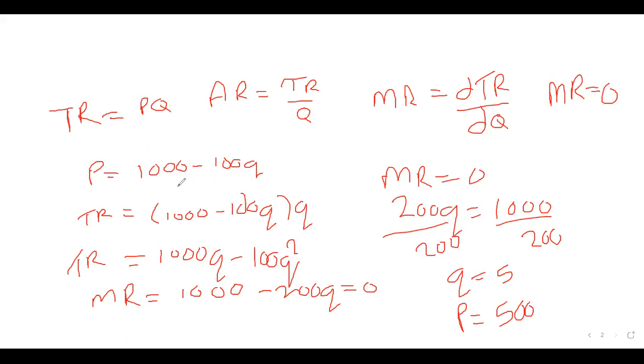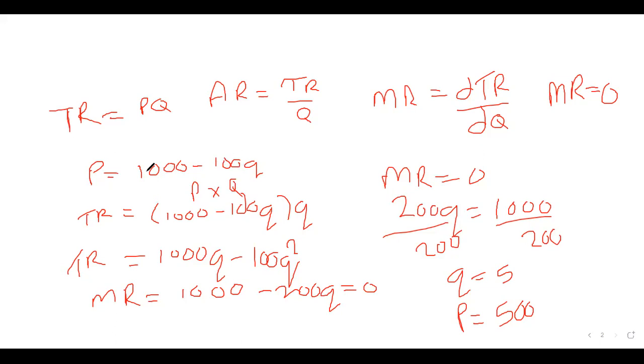So price times quantity: our P is here, which is our price, times quantity, we imputed the Q. So this is 1000 times Q is 1000Q. 100Q times Q is 100Q squared. And we differentiate this. By the way, the shortcut for converting the price to marginal revenue is simply multiplying the gradient by 2.